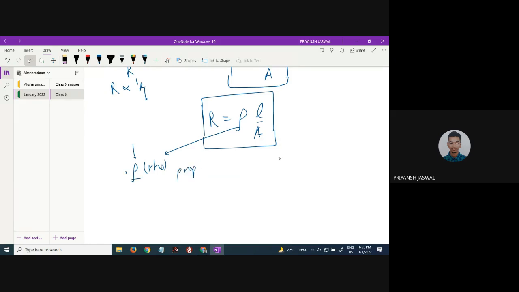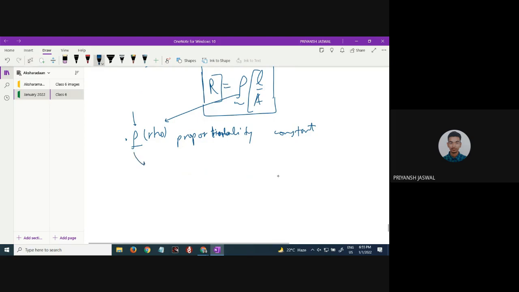It is a proportionality constant, the rate at which this quantity and this quantity are related.